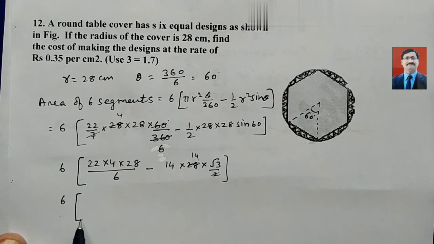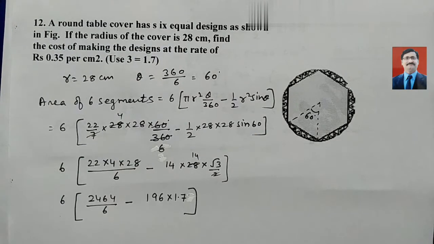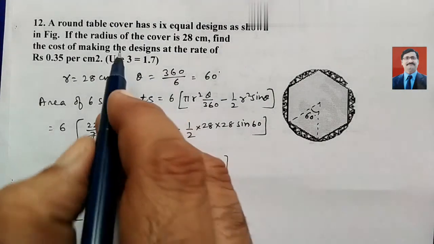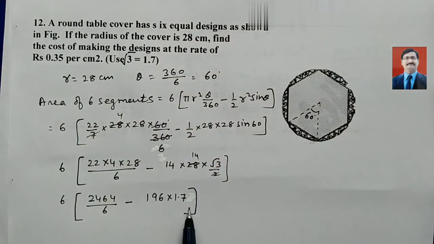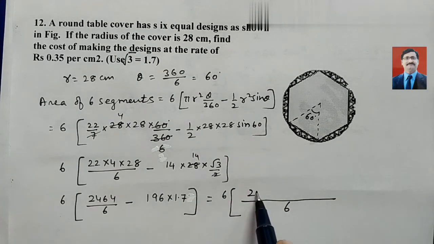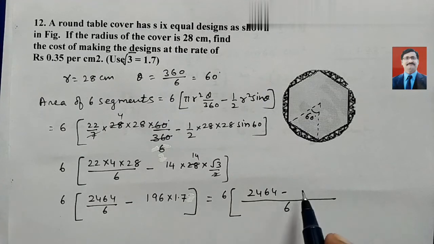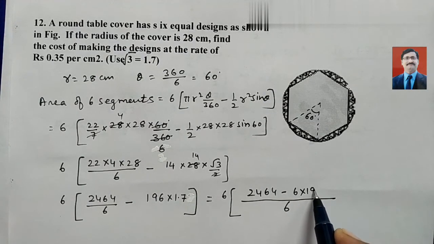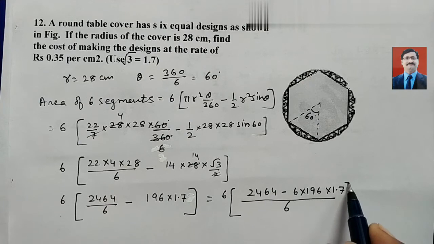Look here, this we will multiply. This 22 into 4 into 28 we get 2464, and this denominator 6 minus 14 into 28 is 196, and root 3 value we have to put here, 1.7. Now we will take LCM. LCM is here 6, and 2464 minus 196 into 1.7.